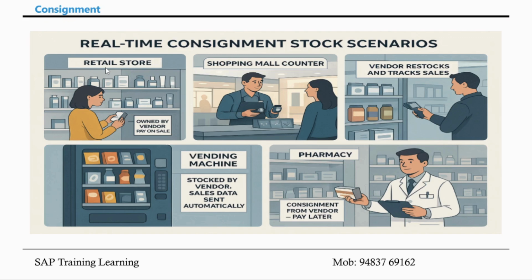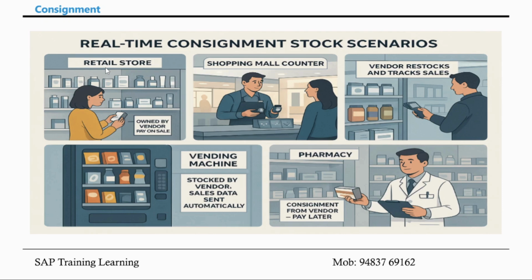Here the retail store is not procuring, but it is liable and keeps the vendor's stock in its place. But the stock ownership still lies with the vendor, and the vendor only gets the payment once the item is sold. Clear, right? So this is called consignment procurement type.